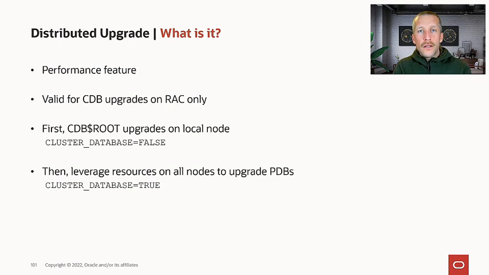We do that in the traditional way with cluster database set to false, and we do it on the node where auto upgrade is started. After that, we restart the container database and set cluster database to true. Then we can use all the nodes in the RAC cluster to process all the PDBs in batches assigned to each individual node in the cluster.